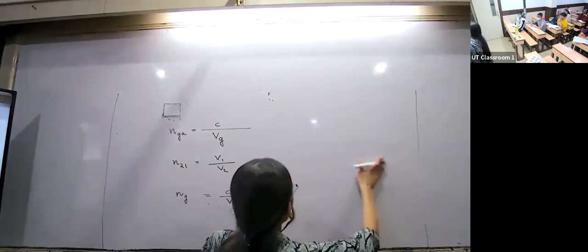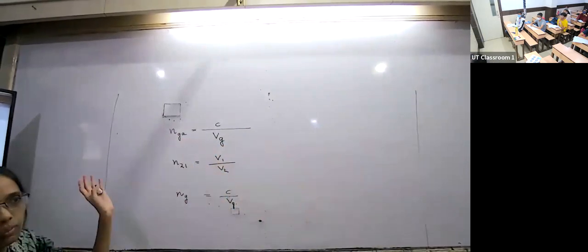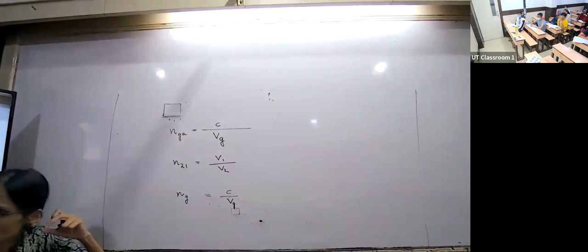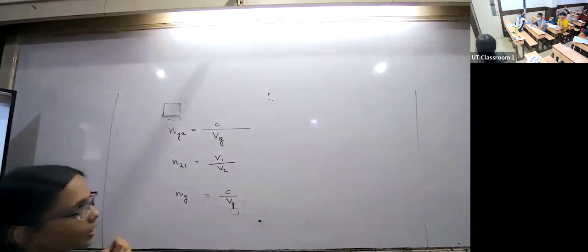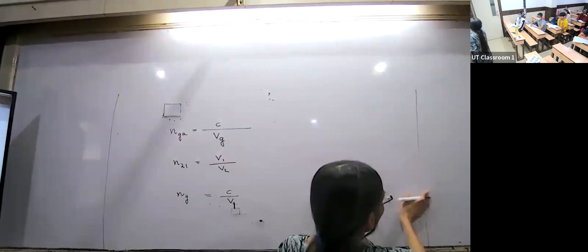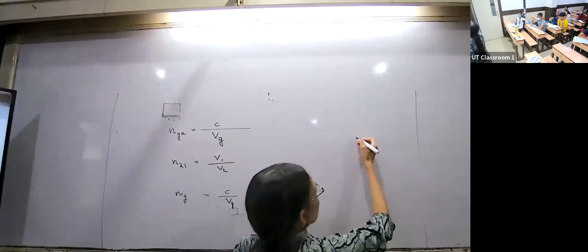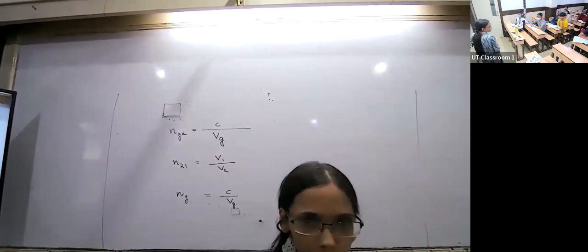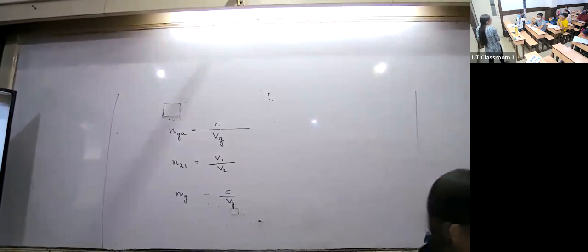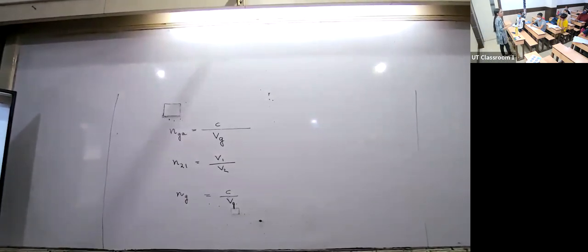Now, I think I did ask this question. Whenever we talk about moving from denser to rarer or rarer to denser, I don't know if we discussed this, what is this density? Our normal density is mass upon volume. But when we talk about optically denser medium and rarer medium, they actually mean optically denser and optically rarer.